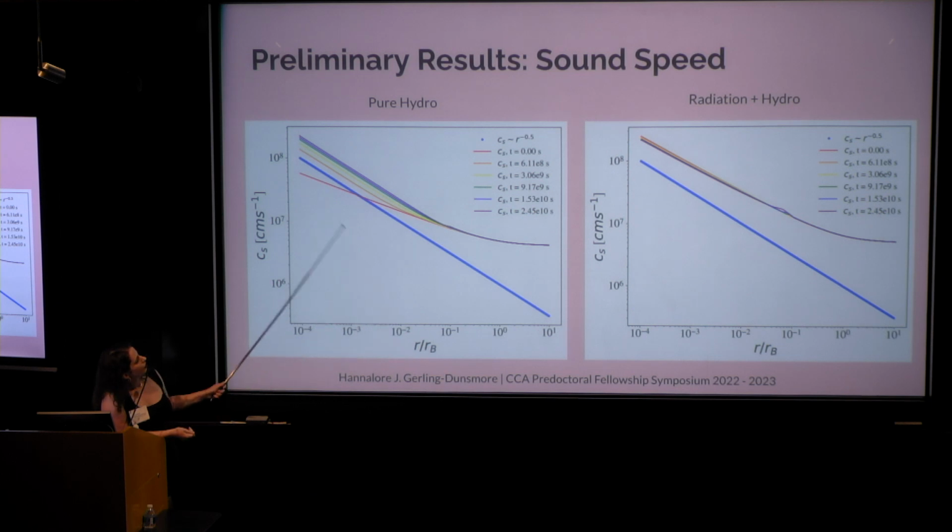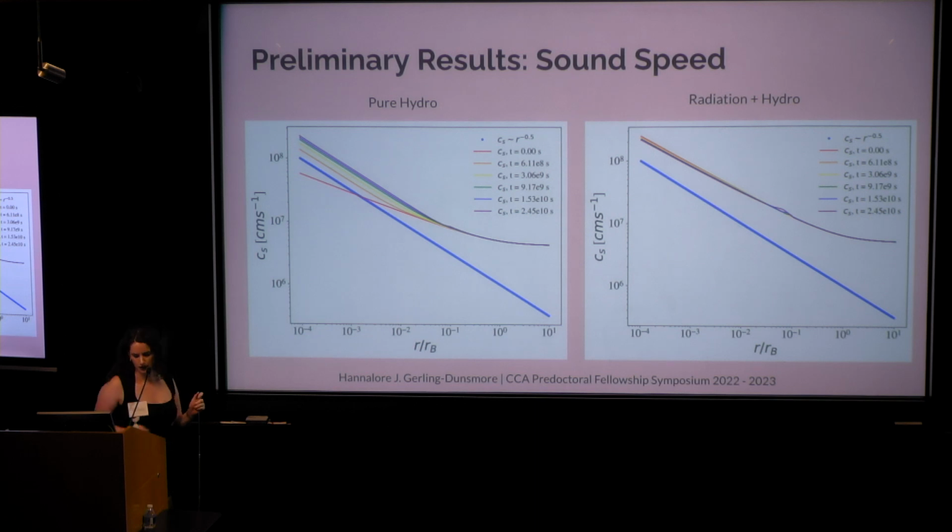And you can see that we are matching that well. And you can right away see that there's a difference where in the case with radiation hydro, our sound speed is much more consistent through time, right? Whereas it has to get moving up to where the radiation hydro run ultimately ends up. So that's kind of interesting.